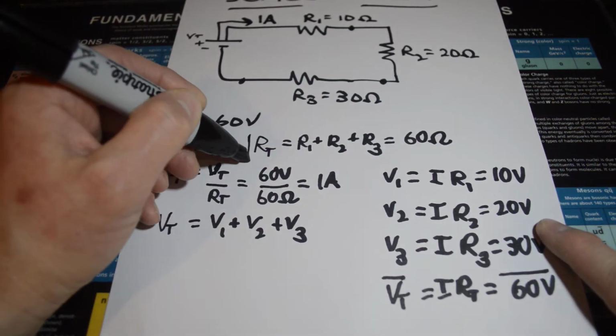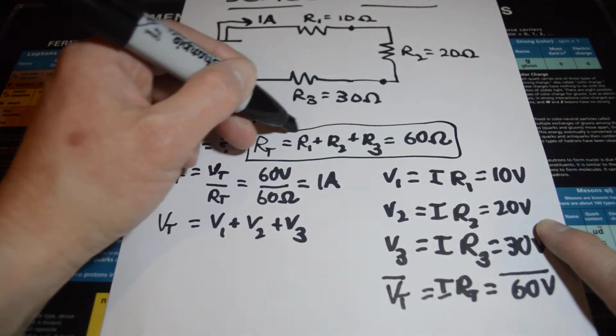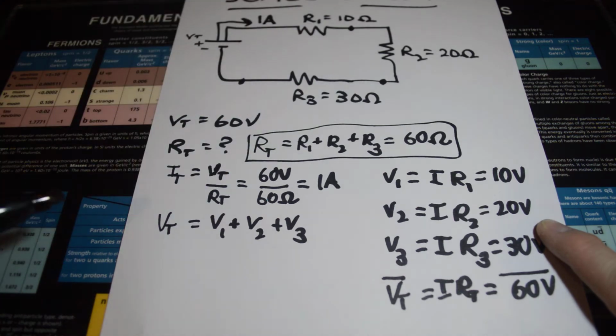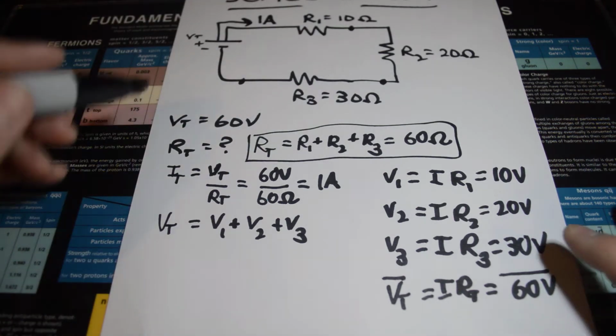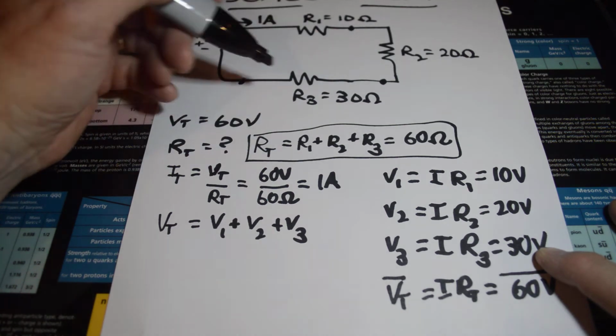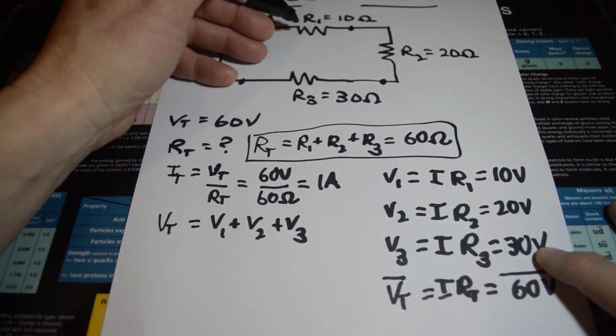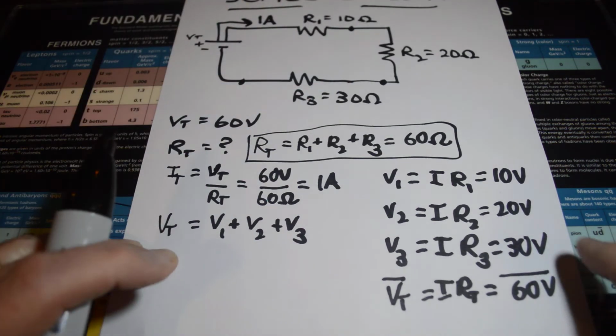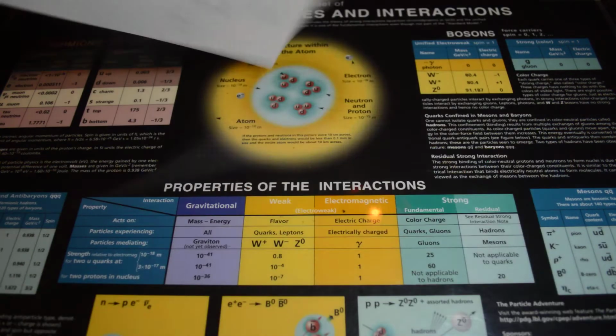The other thing about this total resistance is that it is higher than any one of the given resistors in that circuit. So by adding another resistor, what that does conceptually is add more ability to stop the current from flowing. And that makes sense.